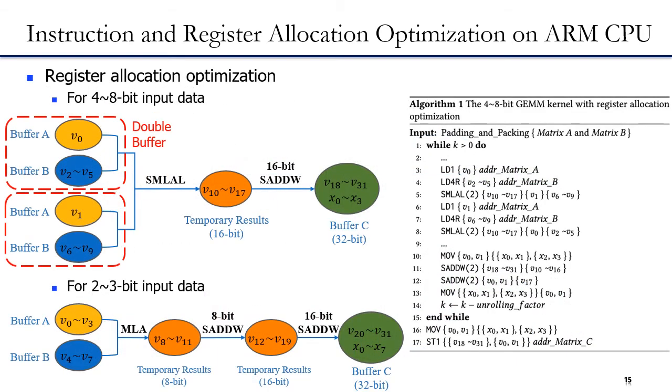We also propose register allocation optimization to accommodate different instruction schemes for low-bit GEMM. We allocate registers for buffer A, B, C, and temporary results. For 4 to 8-bit input data, we only need to store 16-bit temporary results.